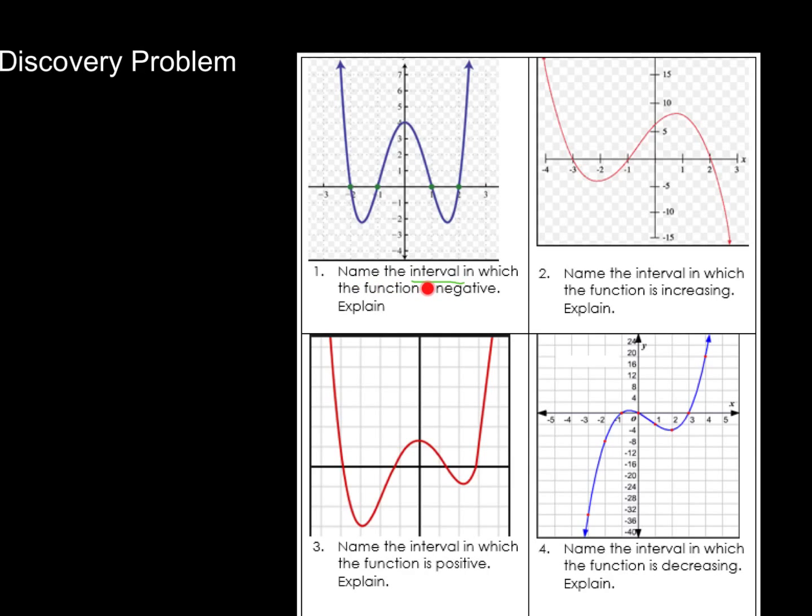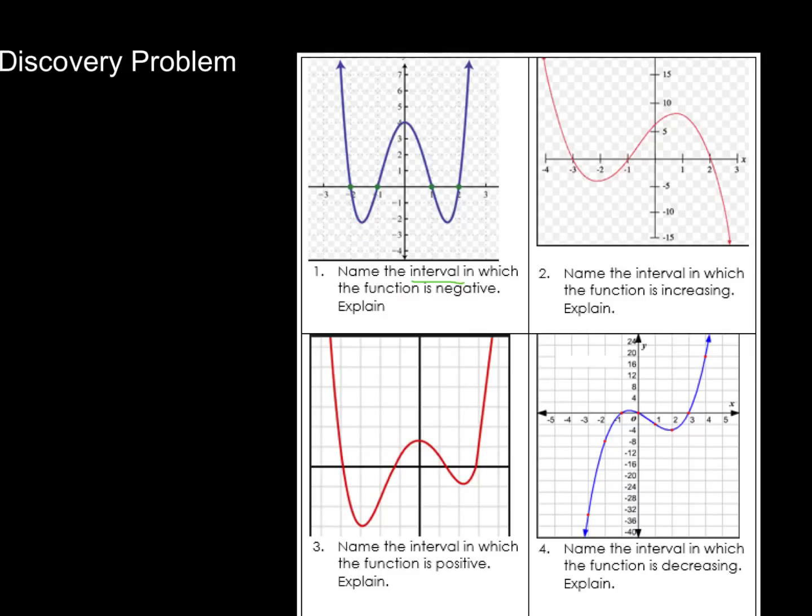So for these questions, let's take number 1, for example. You want to name the interval in which the function is negative. In other words, you want to name the x values for which the function is negative. Once you find the spot where the function is negative, let's just do 1 together. If we take a look at 1, we notice that the function is negative between -2 and -1.